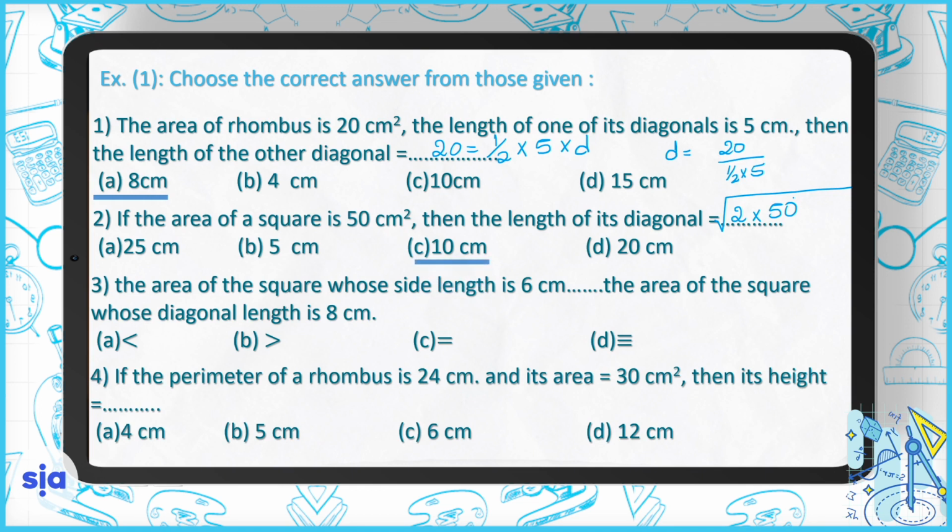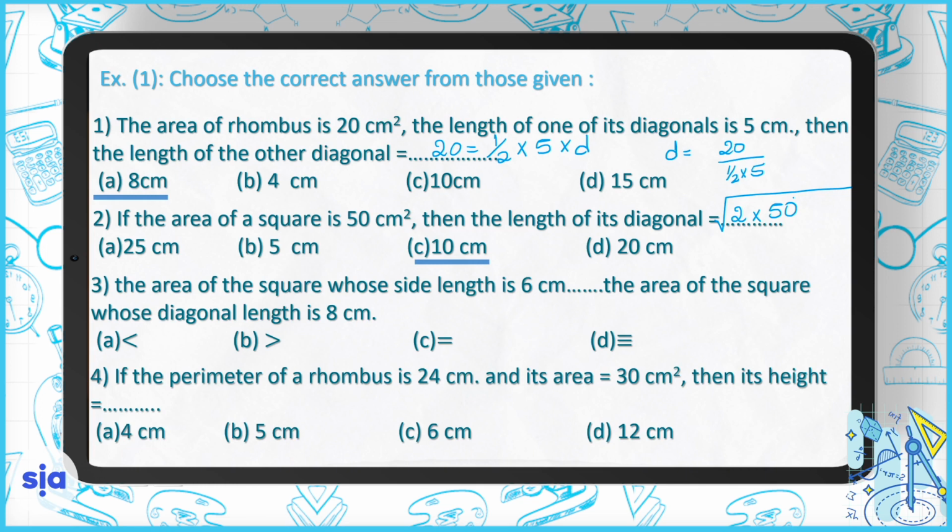Question 3. The area of the square whose side length is 6 centimeters has what relation to the area of the square whose diagonal length is 8 centimeters?